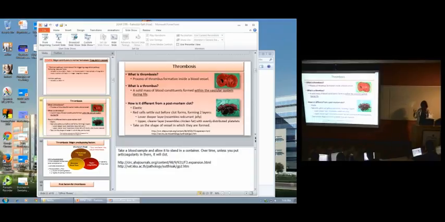Because it's just a passive thing, the person has died, in a relaxed state, that's how the clot forms. So you should be able to differentiate between an antemortem clot, in other words a thrombus, which is formed within a vascular system, and a postmortem clot.